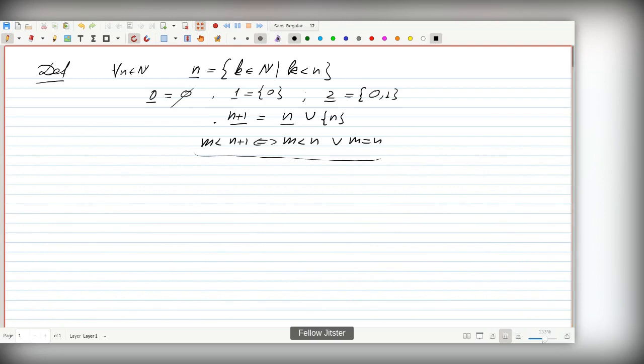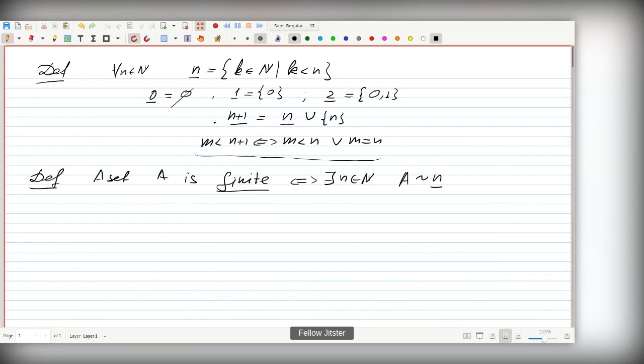Okay, and we shall say that a set is finite if and only if it is equivalent to at least one n underlined. So a set A is called finite if and only if there exists a natural number n such that A is equivalent to n underlined.